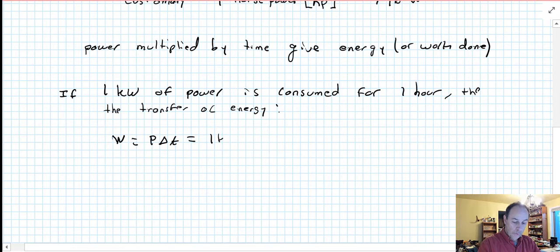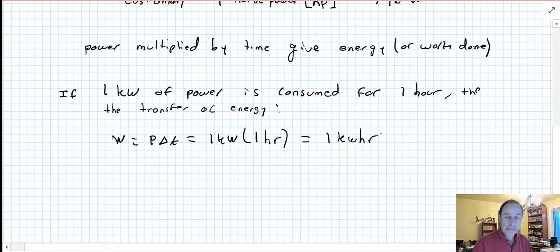So 1 kilowatt at 1 hour is the kilowatt hour. That's the typical measure of electric power consumption, as we mentioned a couple of videos ago.